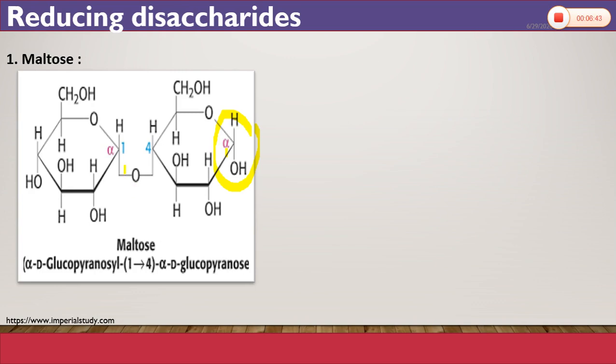Second thing, as this glycosidic linkage is formed between the first carbon atom of one glucose and the fourth carbon atom of the other glucose, this linkage is called an alpha 1,4 glycosidic linkage. Here one alpha D-glucopyranose is joined with another alpha D-glucopyranose, and hence it is a disaccharide which has an alpha 1,4 glycosidic linkage.